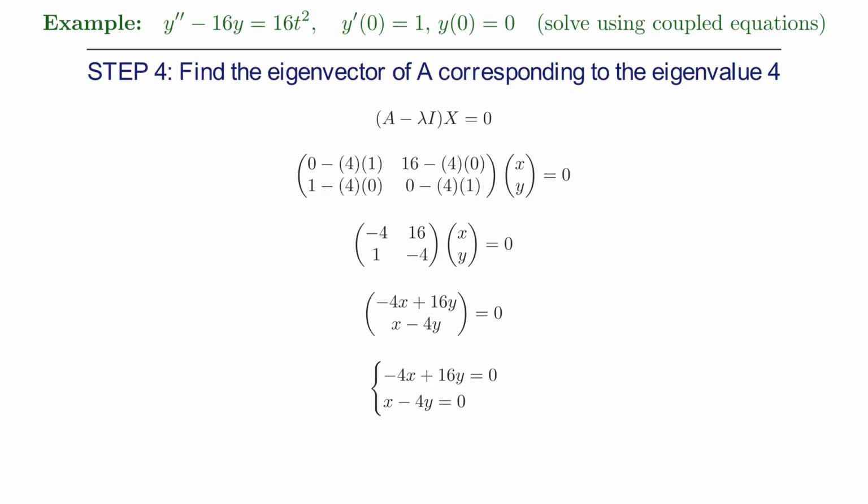To do this, we can take any non-zero value for y and then find the corresponding x value. To keep it simple, I'm going to choose y = 1. Then by the second equation, x = 4y, so x is equal to 4. So our first eigenvector is the vector v1 = (4, 1).